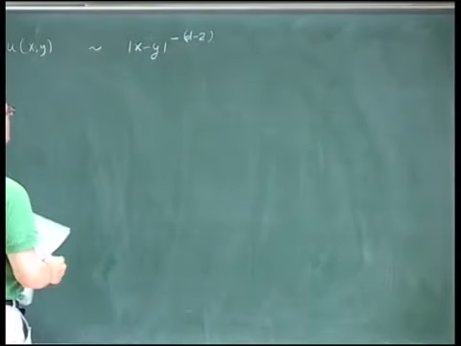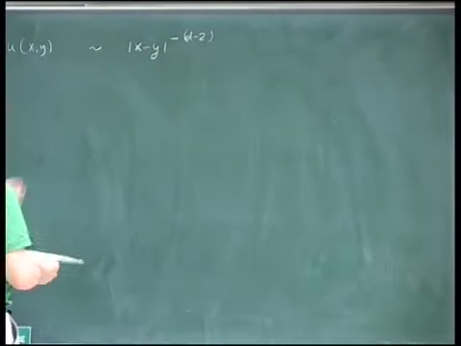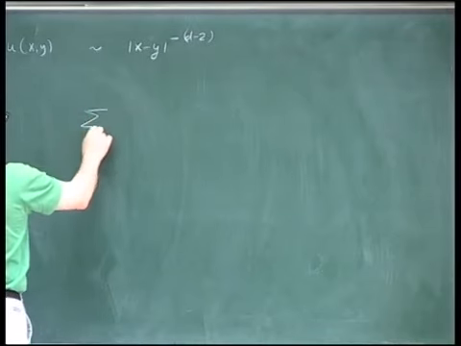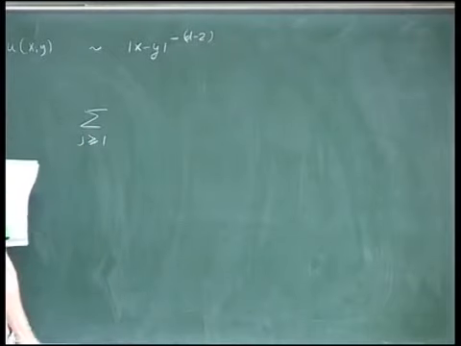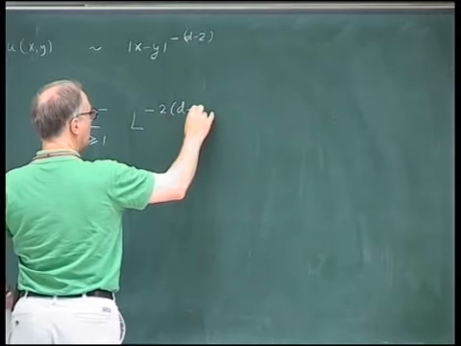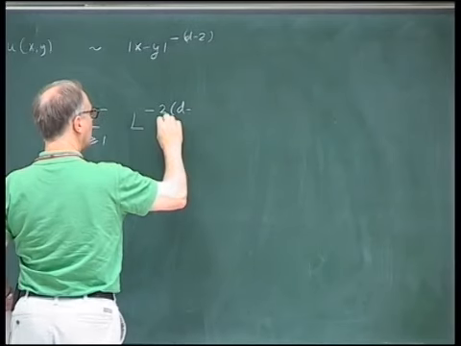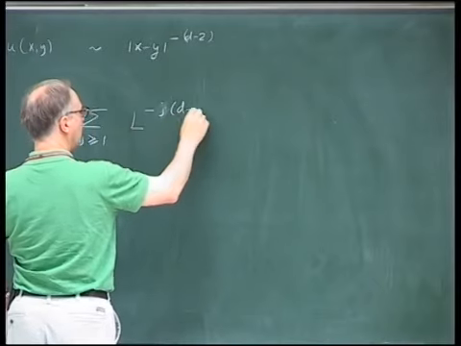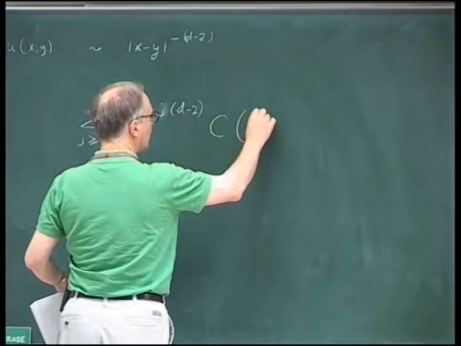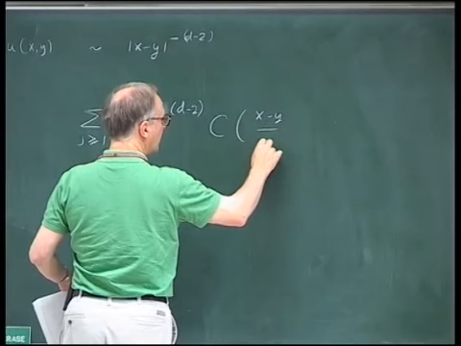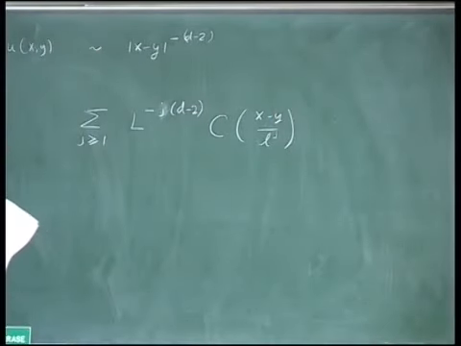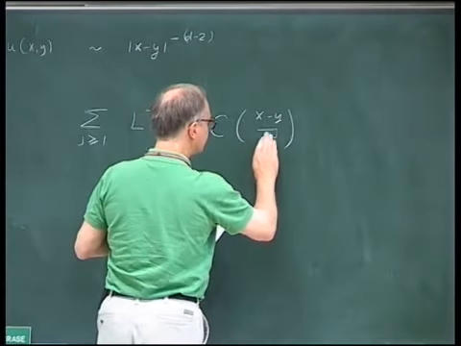But here's another way in which you can create functions which have that property. It's a nice simple property. I'm now going to write down something very complicated looking. Try this: the sum over j greater than or equal to 1, of L to the minus j (d minus 2), C of (x minus y) over L to the power j.